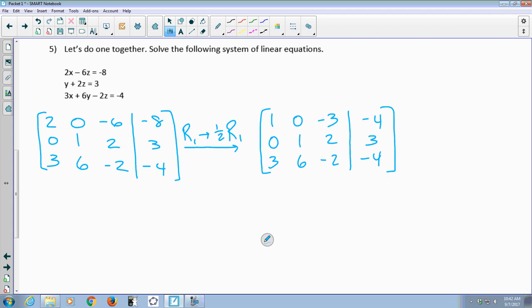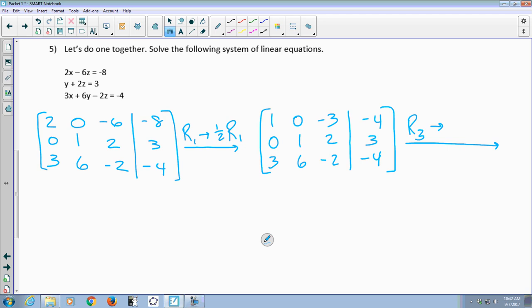Okay, so I have a 1 in my upper left. My next goal is to have all zeros beneath it. There's already a 0 in the second spot, so I can leave that alone. I need to make that 3 in the lower left a 0. So I need to change row 3. The way you change a row is you can add itself to a multiple of another row.